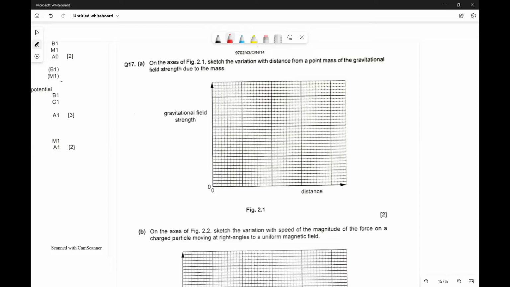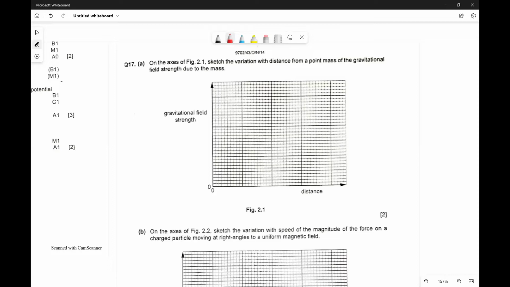Okay, so first of all, look, what the question says is that we're talking about any point mass. Any object having its mass concentrated at a point is known as a point mass. And we're looking at how the gravitational field strength would vary with the distance.